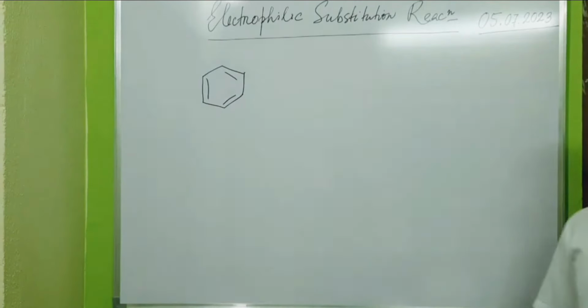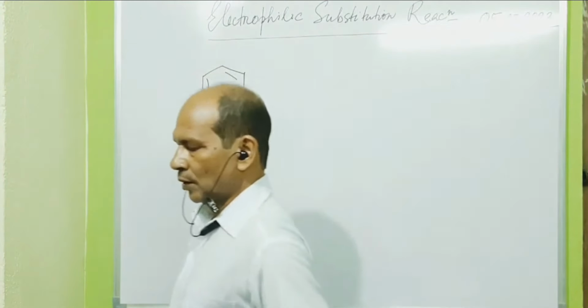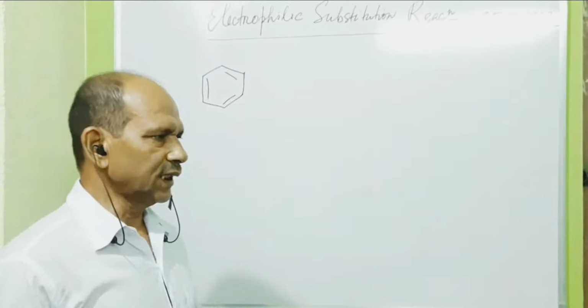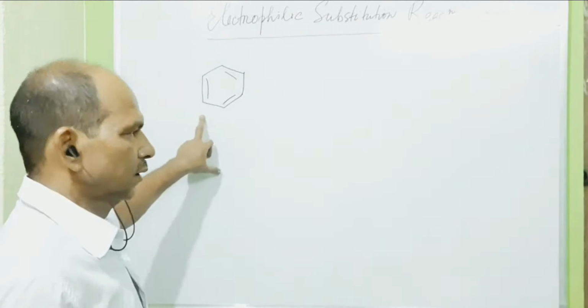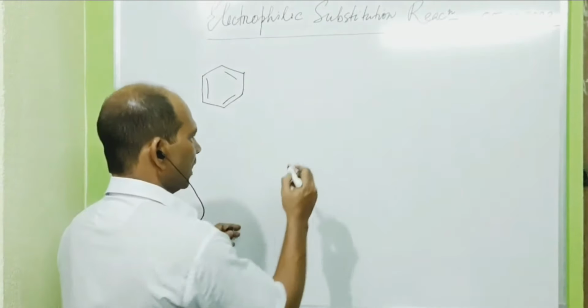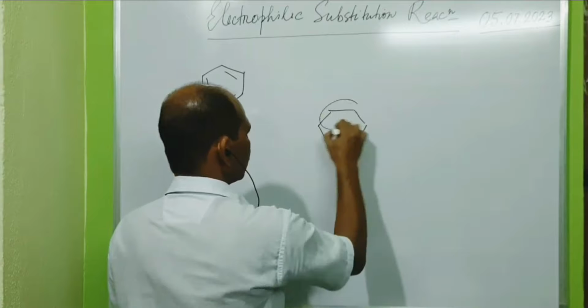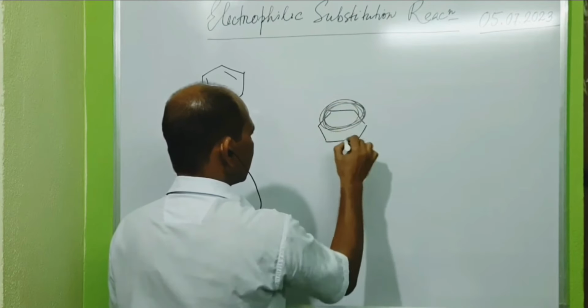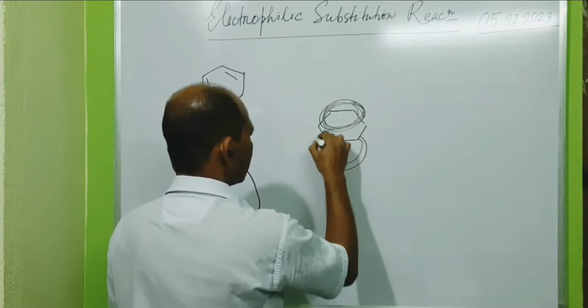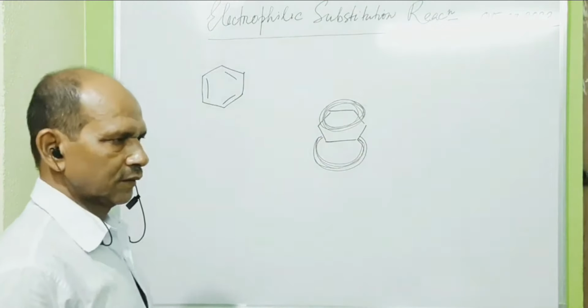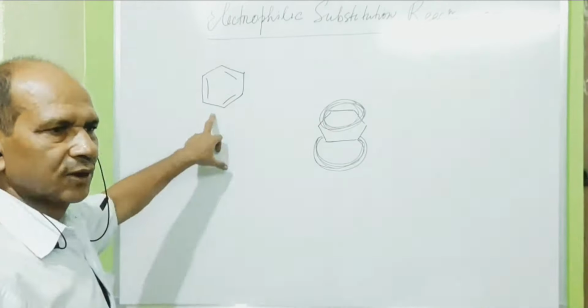Why? Because to explain the reaction mechanism, we take it as this structure. The actual structure of benzene according to molecular orbital theory is like this. We are explaining this according to valence bond theory.